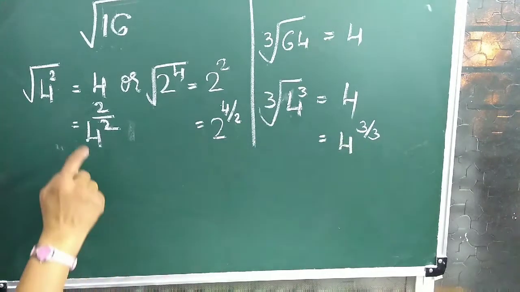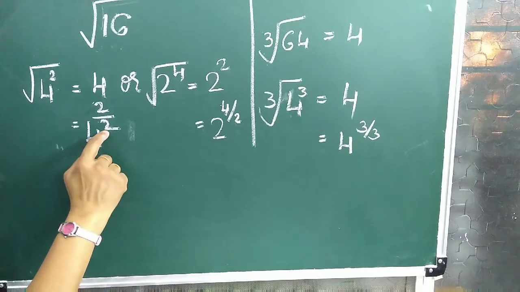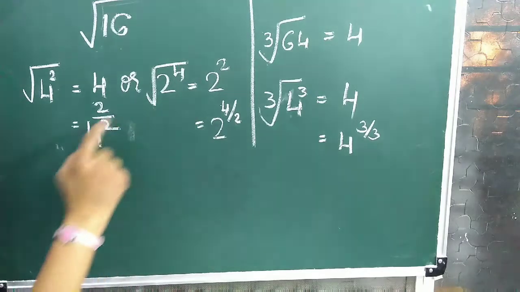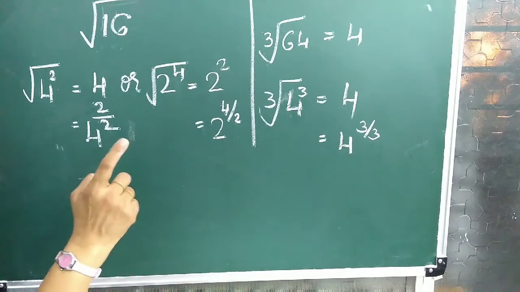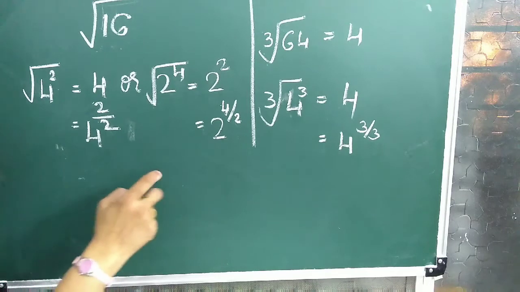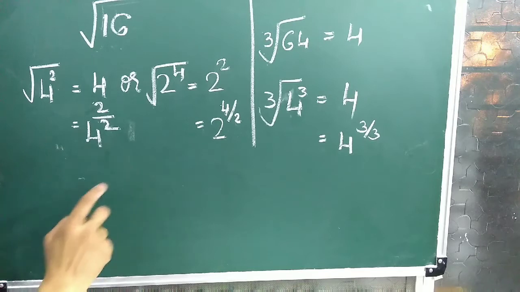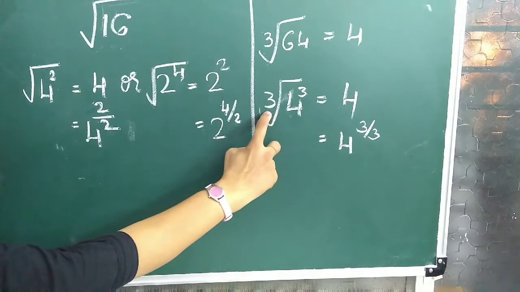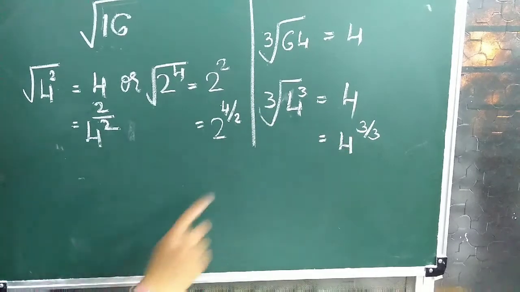Look at the denominators of the exponents. Here the denominator is 2 and here also 2. That is, for the second root or the square root of any number, we need the denominator 2, and for the third root we need 3 as the denominator.